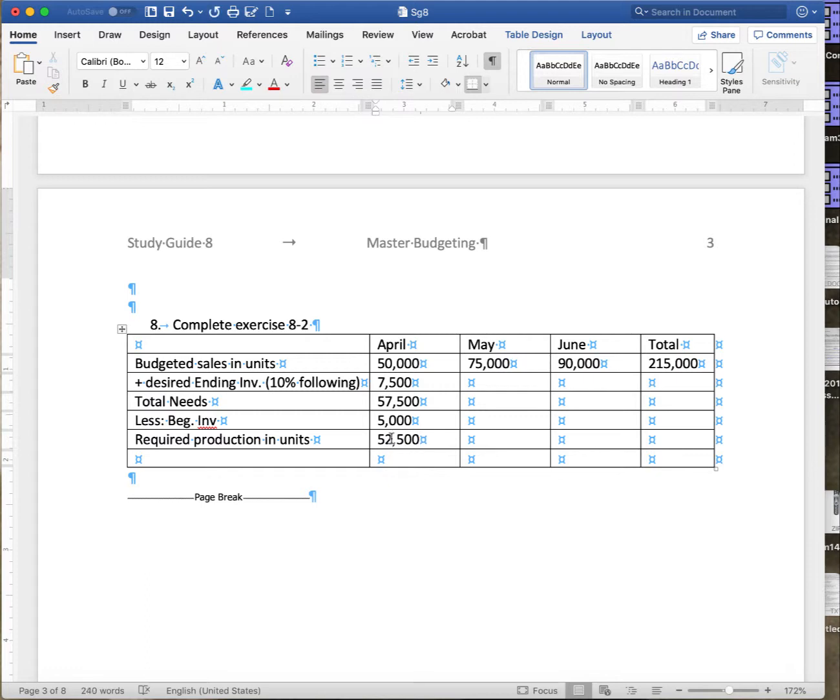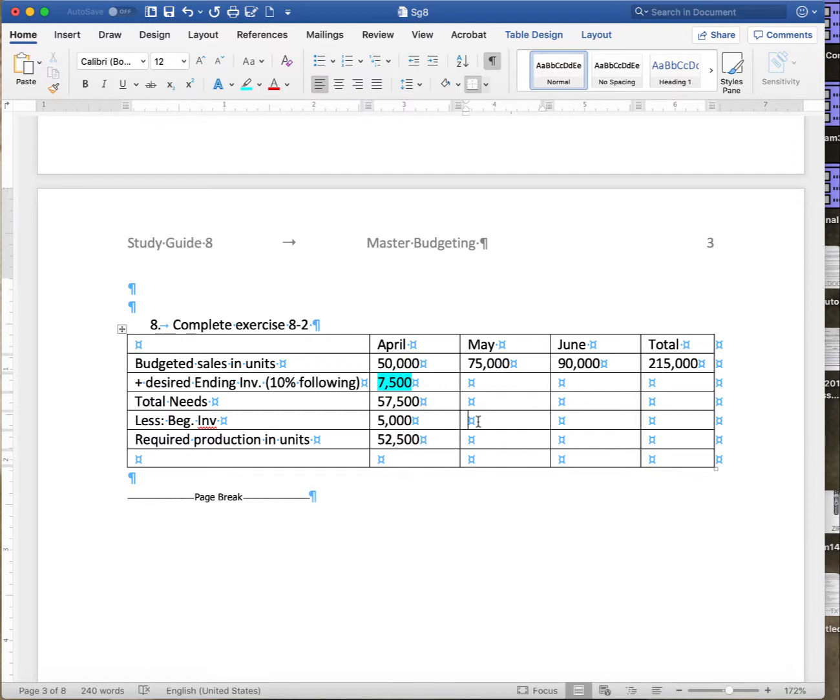Okay. Now let's move to May. Before we start calculating everything, I just want to show you something. Notice, at the end of April, we ended the month with 7,500 units. Guess what?